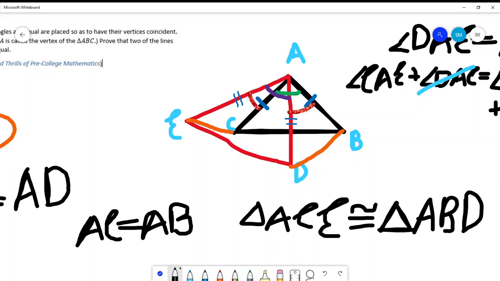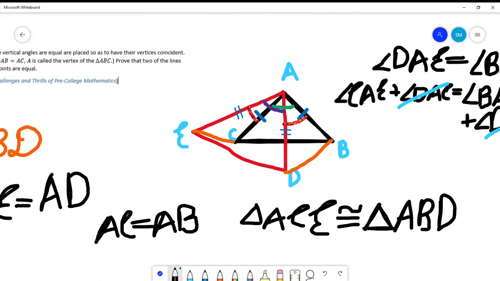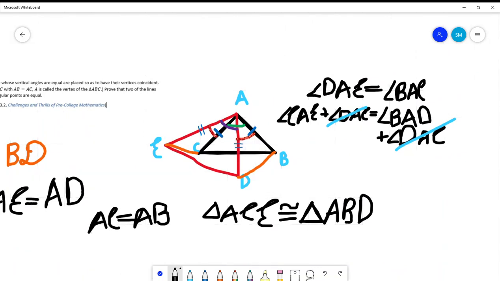By which criterion? SAS, because two sides and the angle in between. AE and AD are the two sides, and AC equals AB is the second side. Sorry, that's the first one, and this is the angle in between.